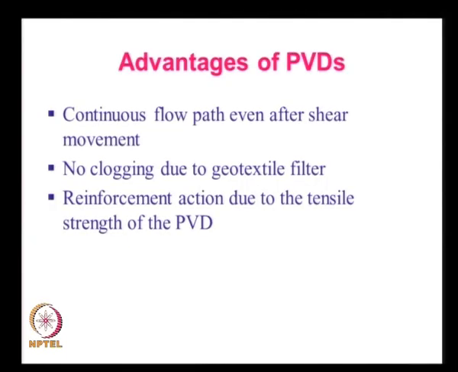So, because of that, even if there are some internal shear deformations, the PVD will only elongate or twist without rupturing, and because of that the continuous flow path is ensured.